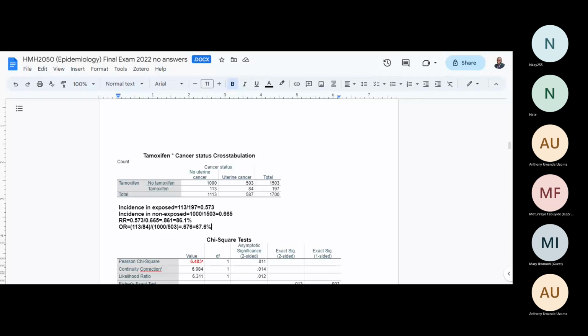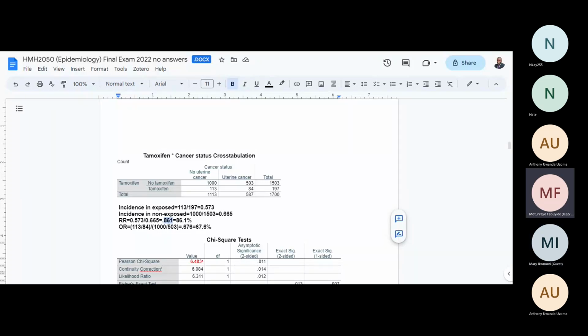I'm also thinking about odds ratio myself. But if we're comparing the incidence in the exposed group divided by the incidence in the non-exposed group, we're getting a value that is less than 1. So this 0.861 is very, very low.